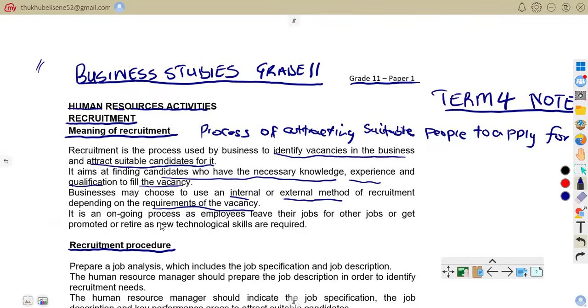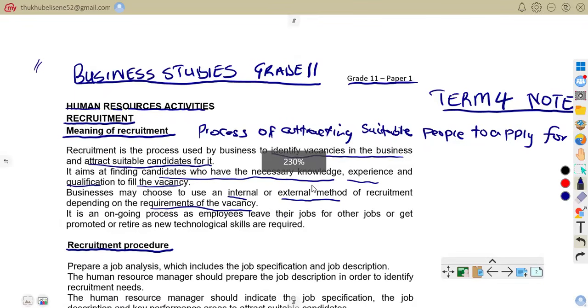It is an ongoing process as employees leave their jobs for better jobs, or get promoted, or retire, or as new technological skills are required.